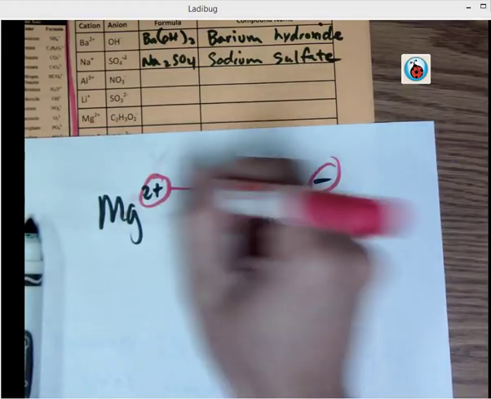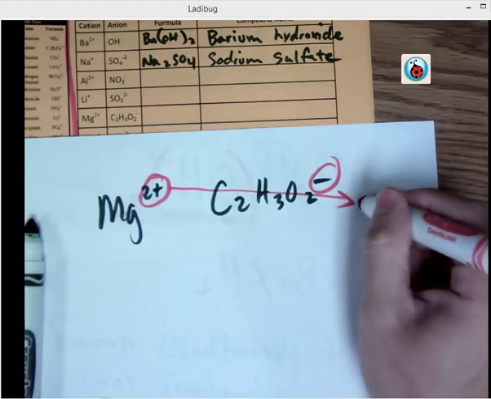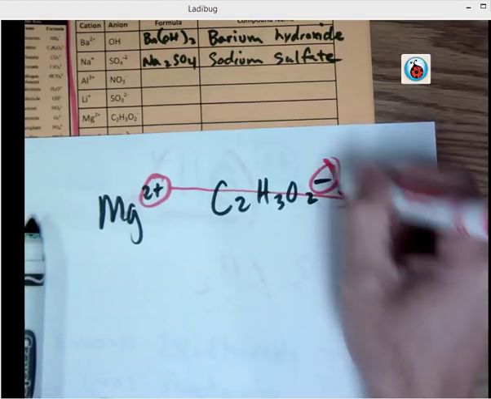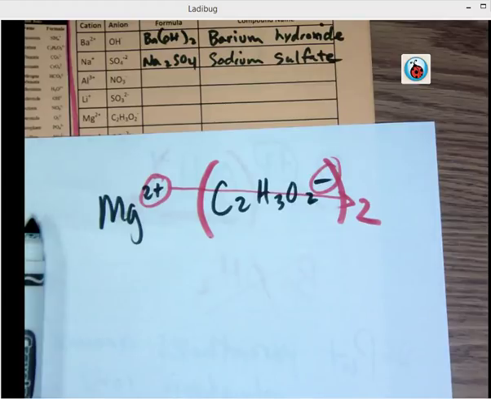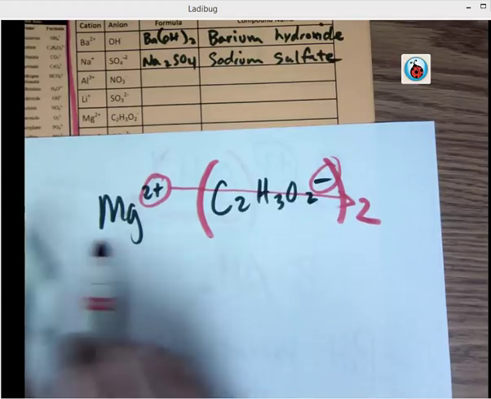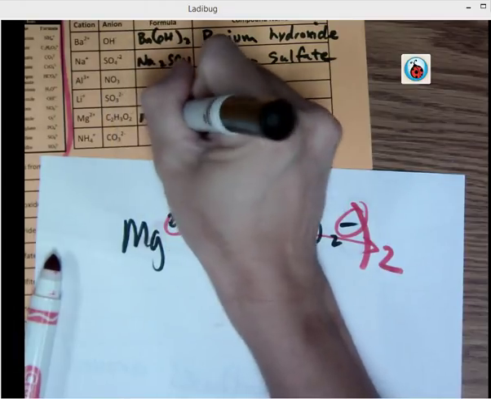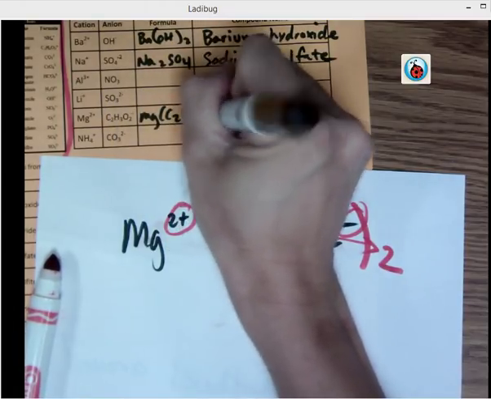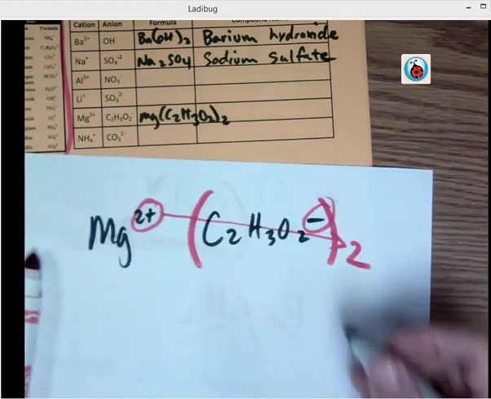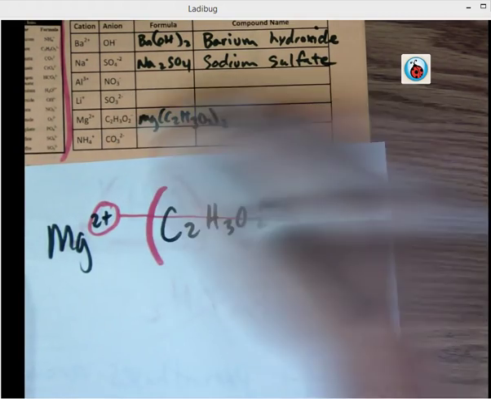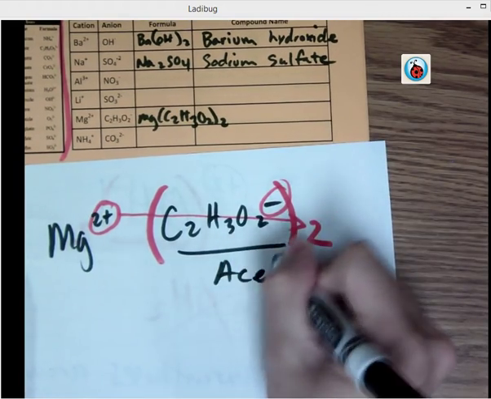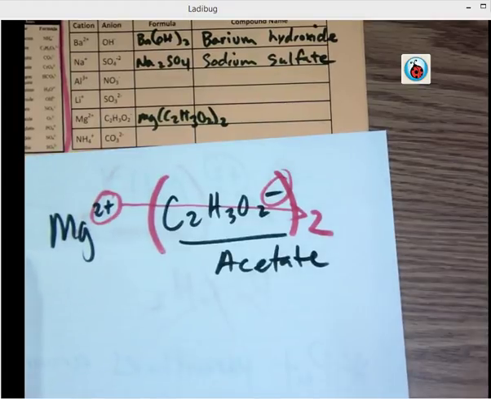So we've got to bring the 2 over, swap and drop them. But when you do that, remember this is a polyatomic ion, so you have to put parentheses around it. So Mg(C2H3O2)2. And the name is magnesium, and this thing is acetate. Magnesium acetate.